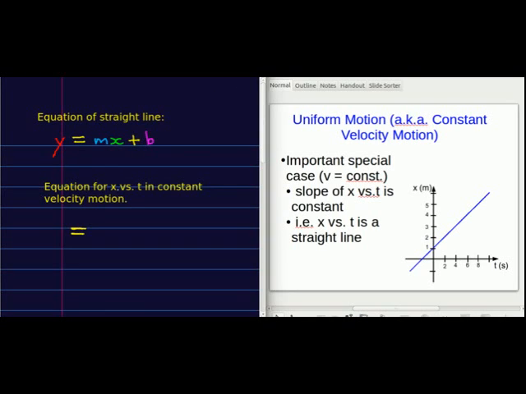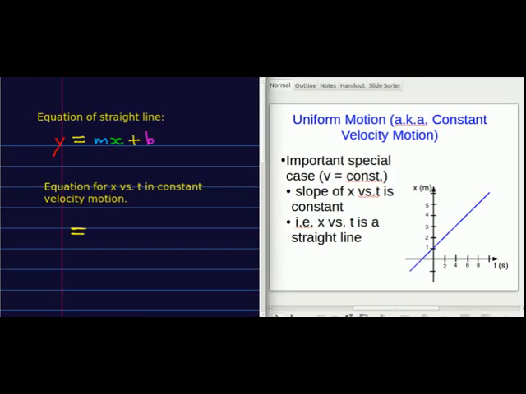We're now going to use that to write our equation for how x versus t goes in constant velocity motion. So one thing to realize about the equation of a straight line is it's just saying the thing on our vertical axis, y, is related to the thing on our horizontal axis, x, this way, where m is some constant and b is some constant.